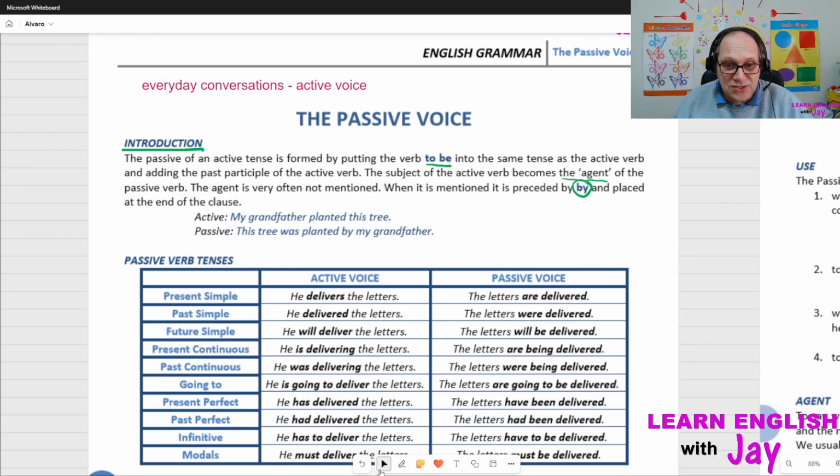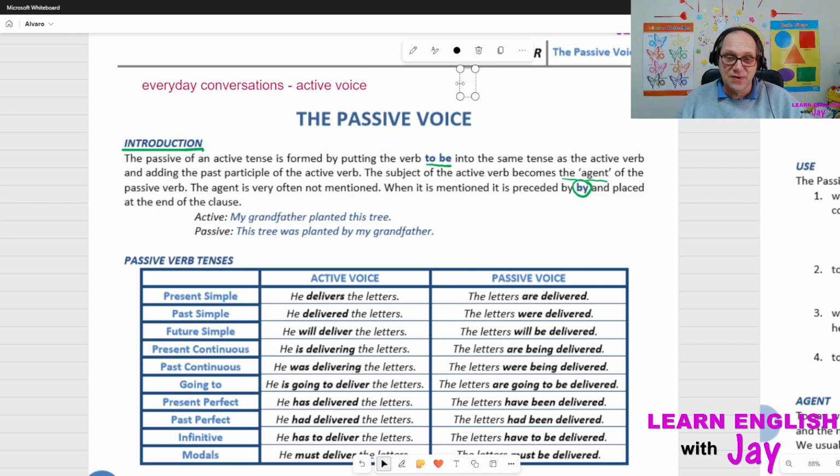Any sentence that we have will have a subject, a verb, and an object. Subject plus verb plus object. There we go.